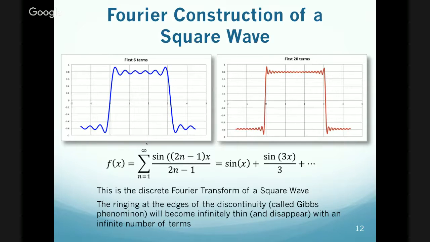And he discovered this little ringing phenomena. And the only way to get rid of that is to have an infinite number of terms. That ringing phenomena will stay there as you add up a finite number of terms. And it never really goes away. It just becomes infinitely thin. And there's some other mathematical oddities about that. But don't focus on that ringing as much as the fact that as you add more terms, you see things sharper. That's the takeaway from that diagram.